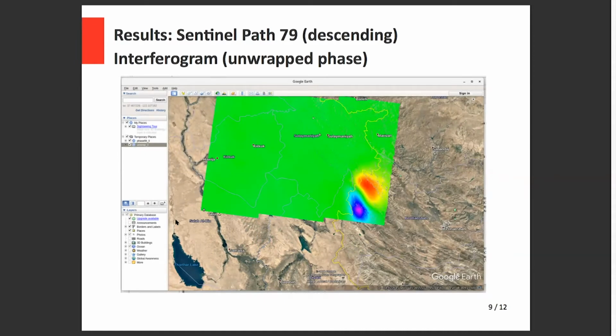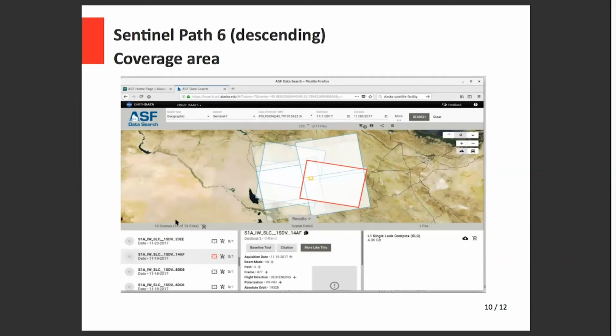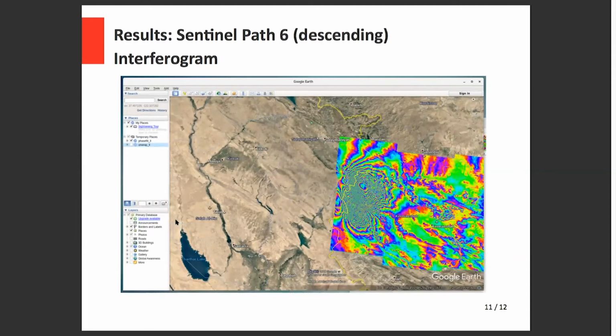So why stop here? We tried another one. This is the one that my colleague, Dr. Saikia, obtained. It's another descending path, path number 6. We downloaded those frames, and here again is the result. Now we are not so much on one of the edges of the satellite coverage.